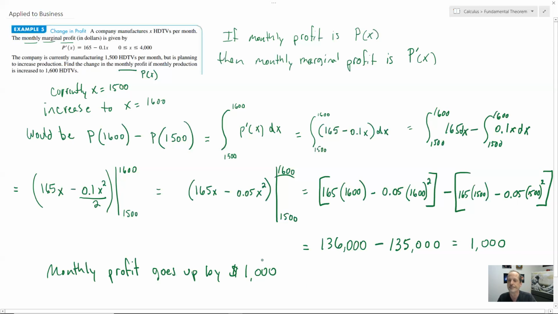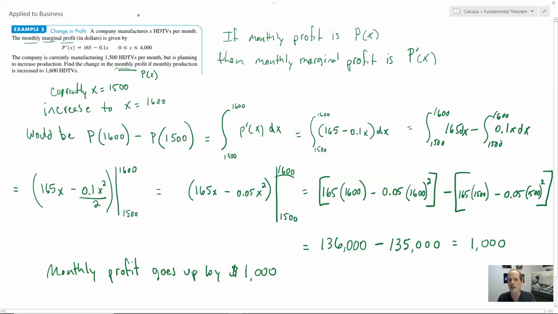All right, so we're used to getting P of x and finding P prime of x. Now that we've learned the integral, they're just giving us P prime of x, and then we're utilizing P of x in our result. Okay, so in an application, look for a way to use the integral.